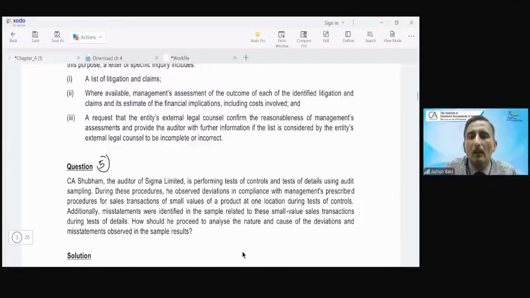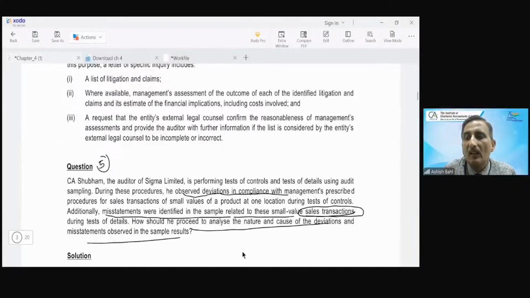Some deviations were observed and certain misstatements were also identified in a sample related to the same nature of transactions, in sales transactions. How should he proceed to analyze the nature and cause of deviations and misstatements observed in sample results?